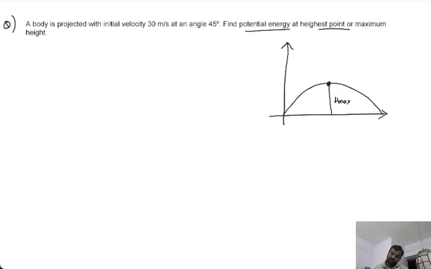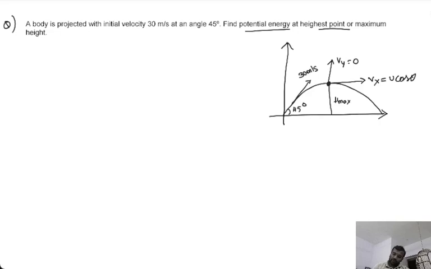At this place you already know that Vx is equal to u cos theta and Vy is equal to 0. According to the question, the initial velocity is 30 meters per second at an angle of 45 degrees.